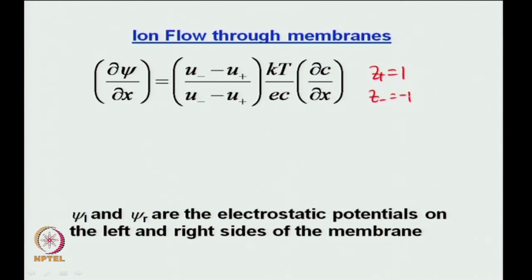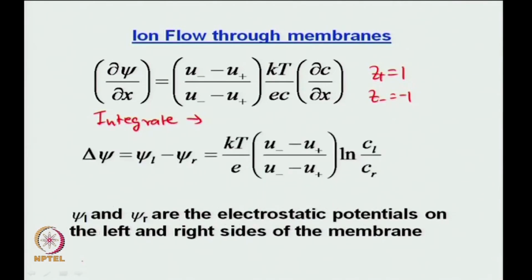So, if you integrate this, this is what you end up with. The del psi is equal to psi of L minus psi of R, where L is the potential on the left side of the membrane and R is the potential on the right side. We have discussed this L and R before.